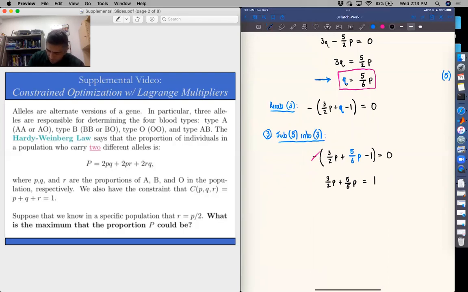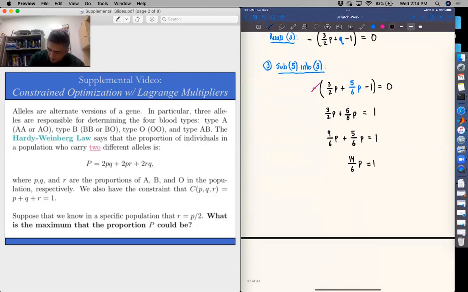So multiplying the first term by 3/3, we get 9/6 times p plus 5/6 times p equaling 1. So we find 14/6 times p equals 1. So in other words, we know what p is equal to. p is equal to 6/14 or 3/7. So we found our candidate value of p, which we'll call p star.